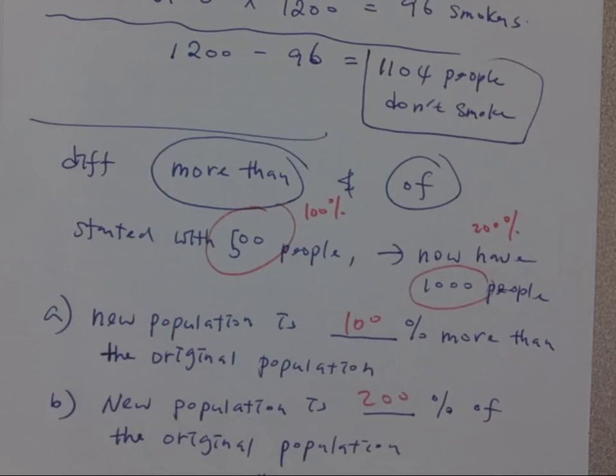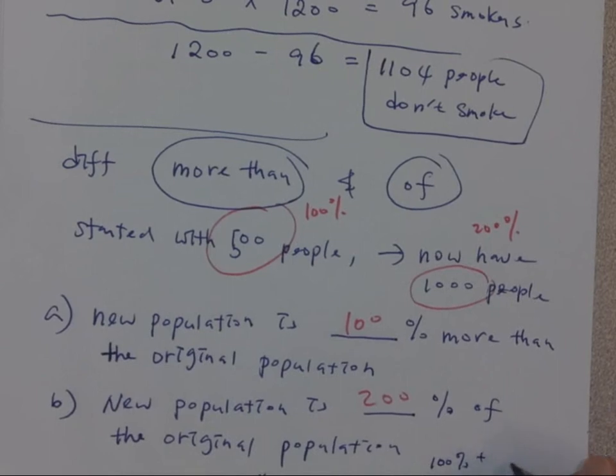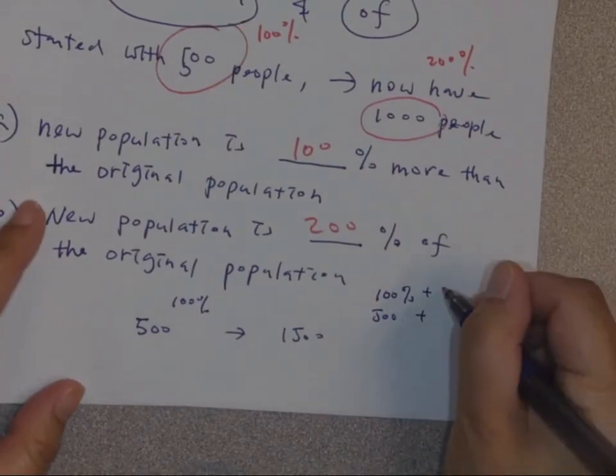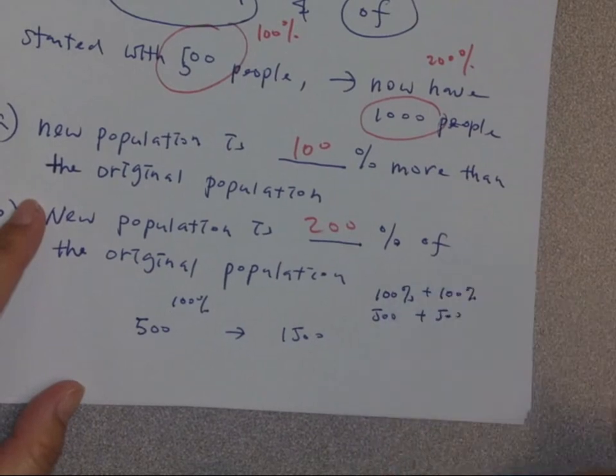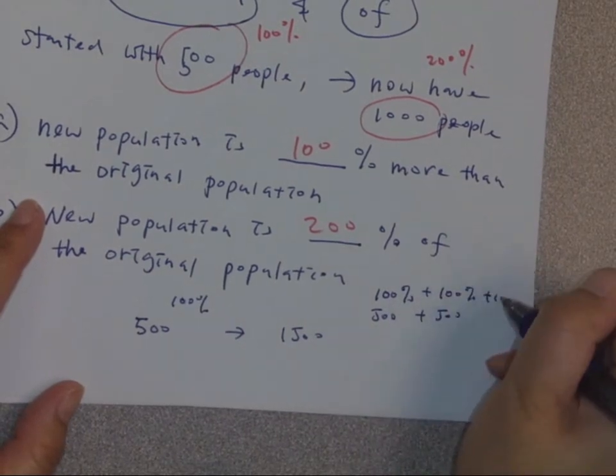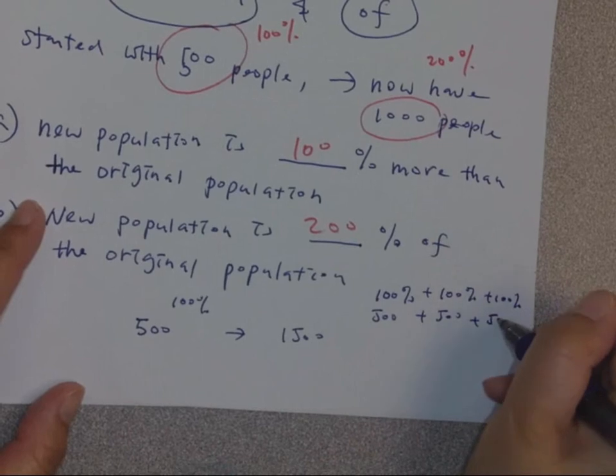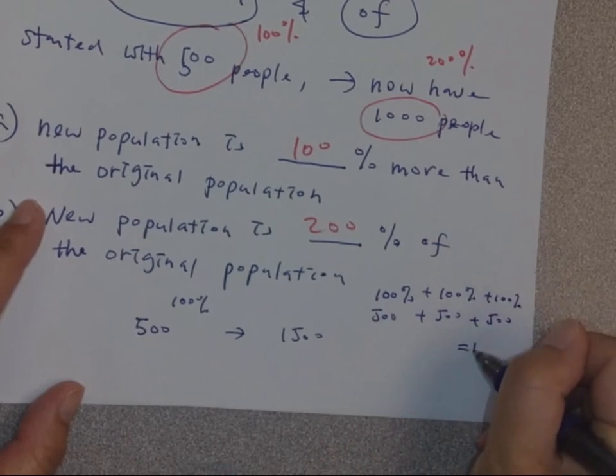If you add another 100%, you have 1,500. So that would be 300%, for 1,500 people, right?